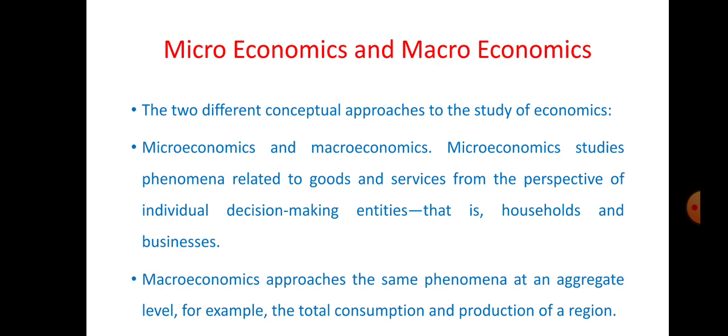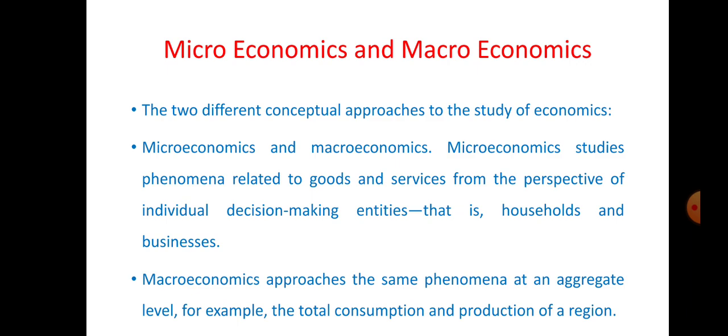So here economics has been divided into two important concepts, that is microeconomics and macroeconomics. The two different conceptual approaches to the study of economics are microeconomics and macroeconomics. Microeconomics studies the phenomena related to goods and services from the perspective of individual decision-making entities, that is households and businesses. So if we apply such economic tools and concepts in a firm, by an individual, in a single entity, that we call microeconomics.